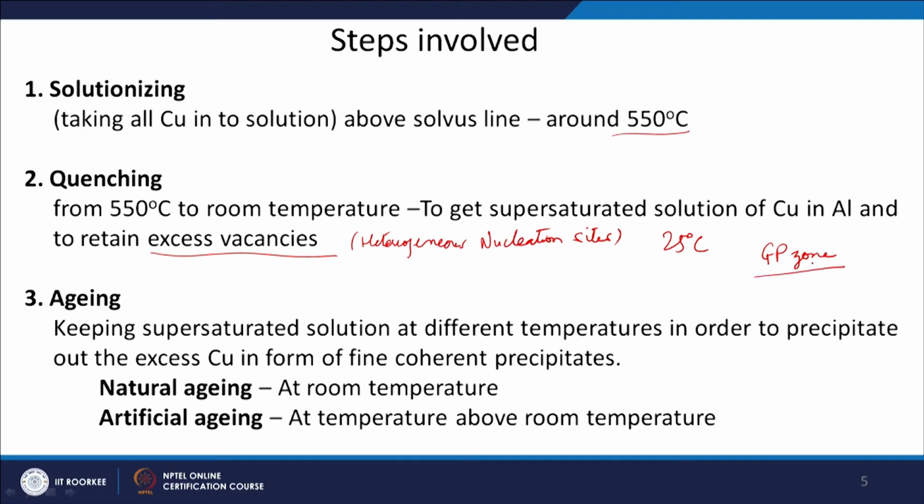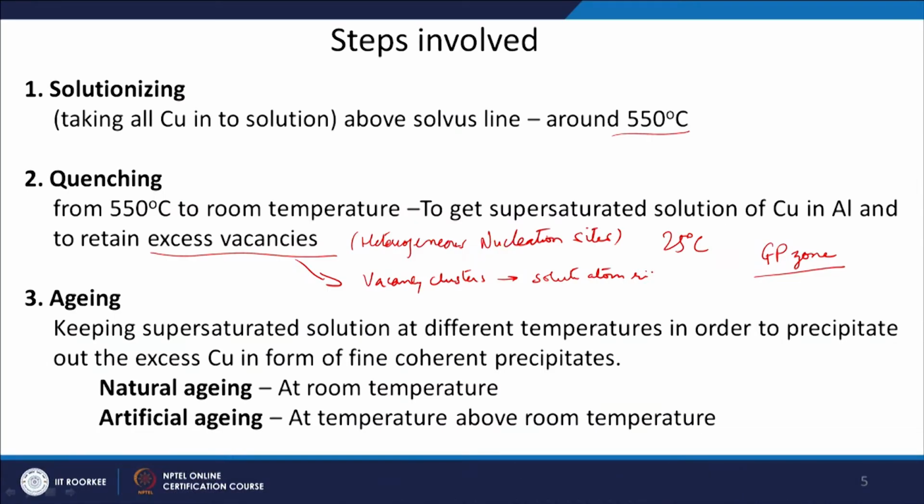So how did it start? It starts with vacancy clusters. These excess vacancies will form vacancy clusters. In these vacancy clusters, your solute atom will go and sit, okay. So these will be small solute-rich zones, and these solute atom rich zones are called GP zones, okay.